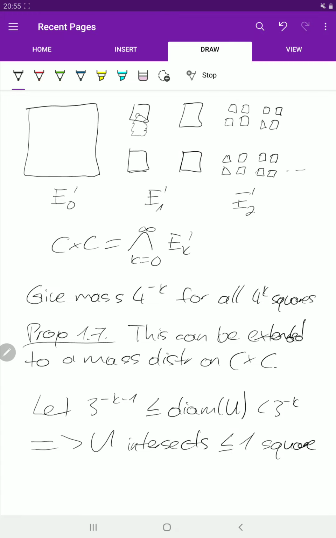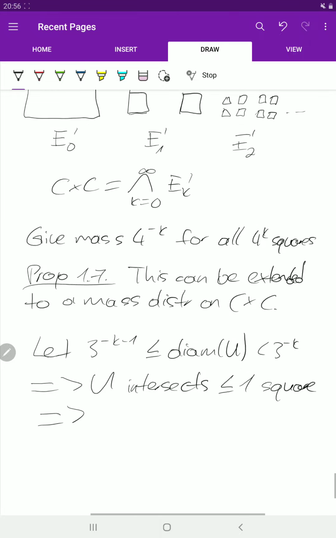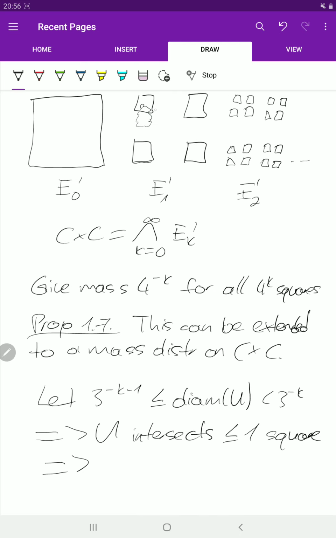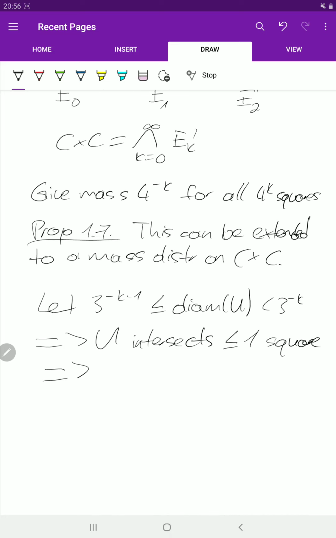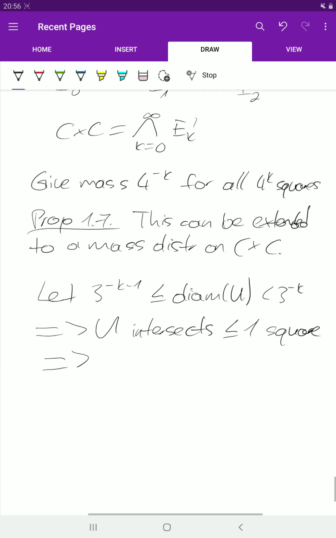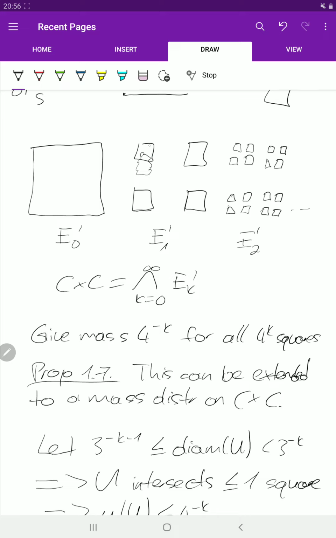So we know it intersects at most one square. As we have these masses always contained in the previous one, we get that the mass of this U is at most 4 to the minus k, because this square has mass 4 to the minus k.